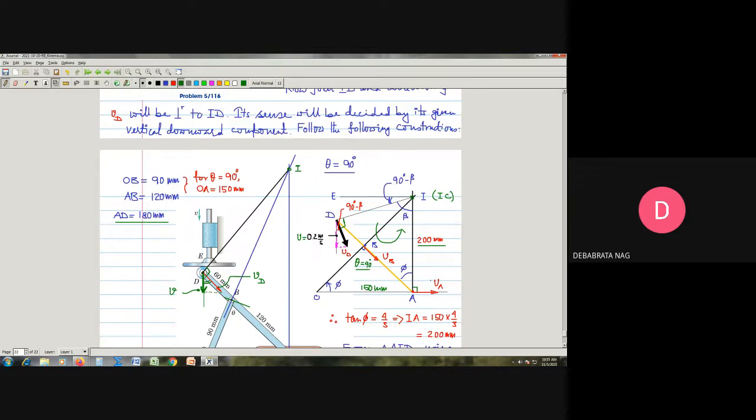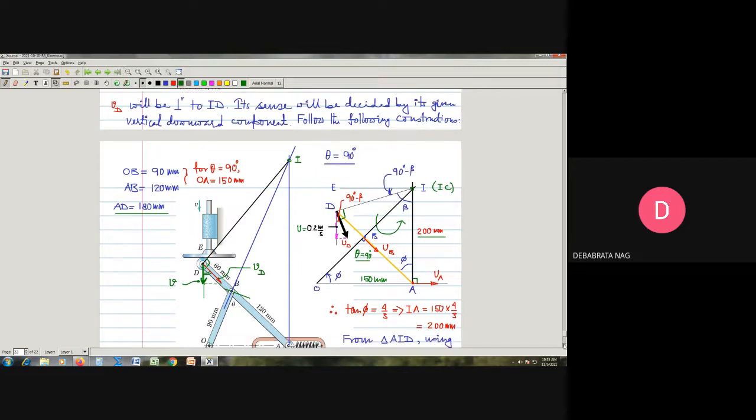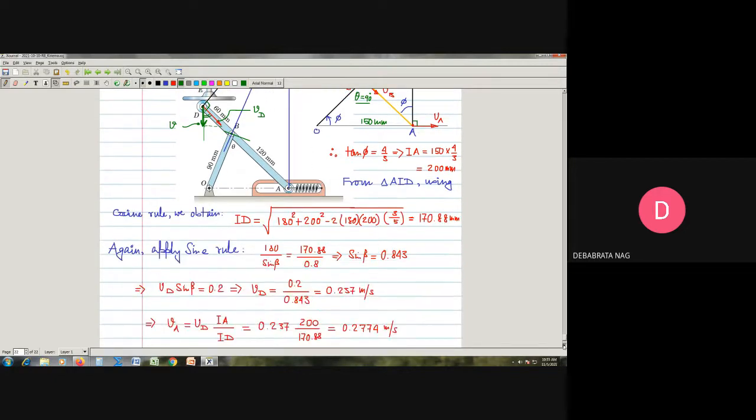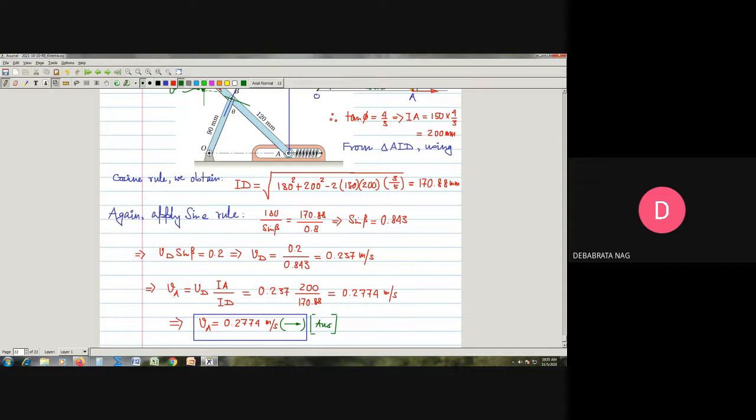So Va equals Vd into IA divided by ID, that is 0.237 into 200 by 170.88, which turns out to be 0.2774 meter per second, and that velocity should be towards the right direction.